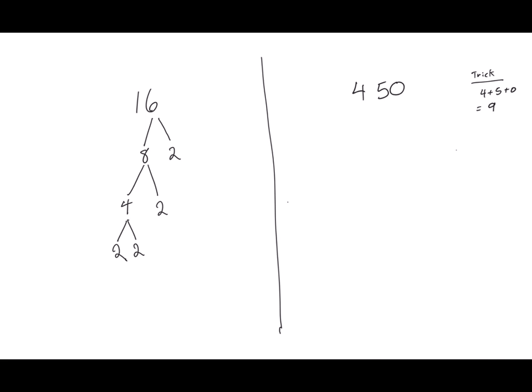The total is 9. 9 is divisible by 3, therefore this number is divisible by 3. I know I could have divided this by 2 or possibly 5 because the last digit of 450 is a 0. I just chose not to. But let's start with 3 instead.